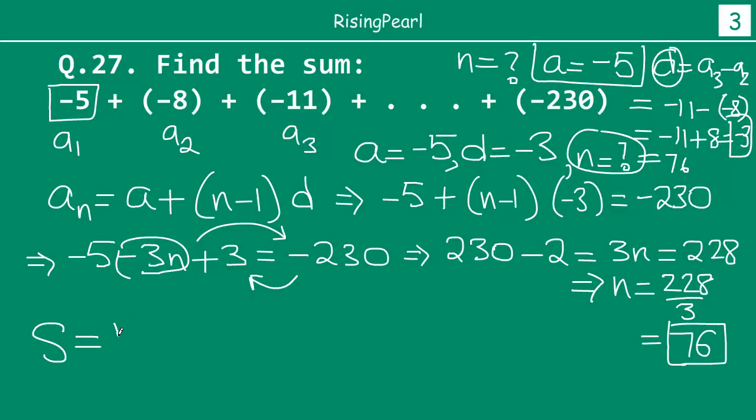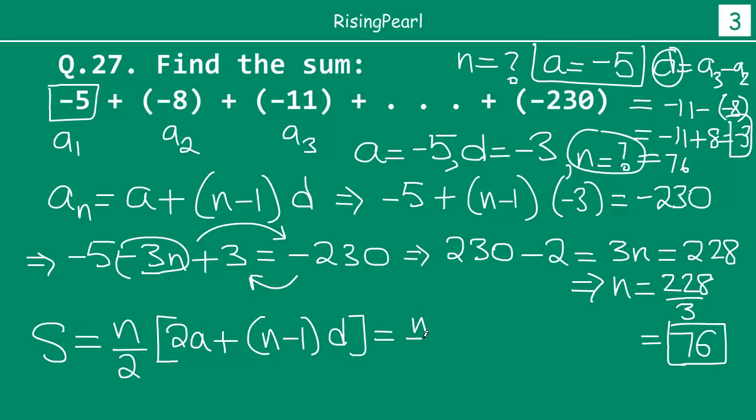We can simply say it will be n by 2 times, we can use the formula 2a plus n minus 1 times d and find out the value, or we can say it is n by 2 times the first term minus 5 plus the last term minus 230 and find out the value, right?